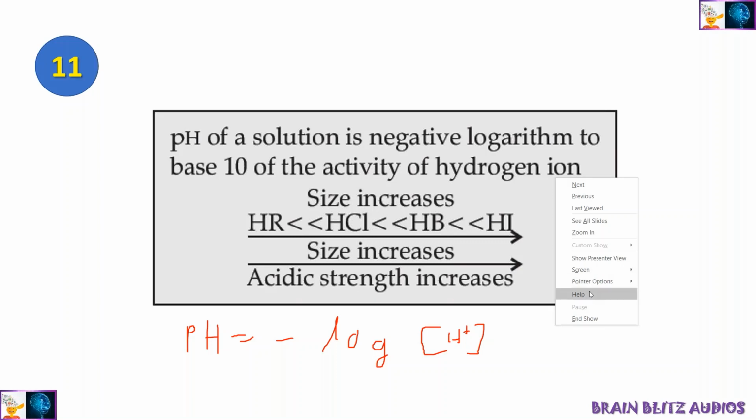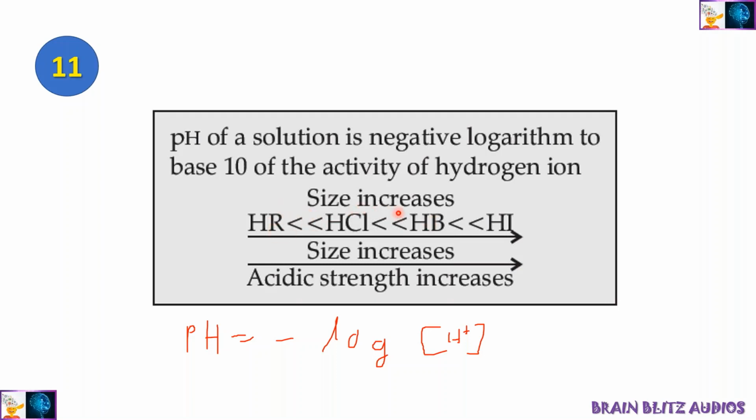So if you know the concentration of H+ ions in a solution, you just need to do a logarithmic function and put a minus sign to it to get the pH of the solution. Now, this diagram shows hydrogen reacting with halogens.